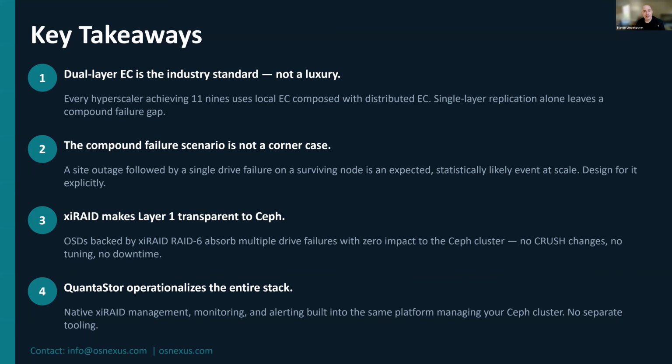And then when you calculate the xiRAID underneath, as an example, say you're doing 8+2 at that layer as well, that's going to give you 80% usable. So you'd multiply the two together, in that example of double parity at the erasure coding level, the distributed level, as well as double parity in the local RAID level. That would give you 64% usable, which is great.